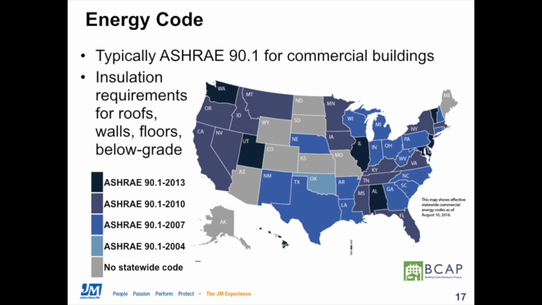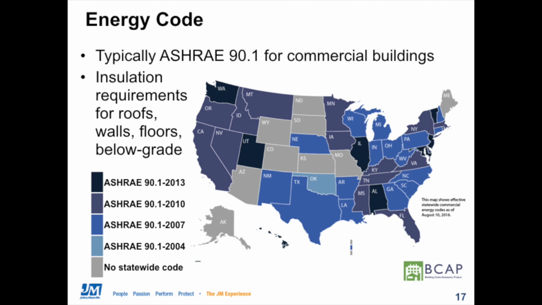In the states that don't adopt a statewide code, the individual jurisdictions, like cities or counties, would be the bodies to adopt and enforce a given version of the code. But even in states that do adopt a statewide code, those individual jurisdictions could adopt a more stringent version.